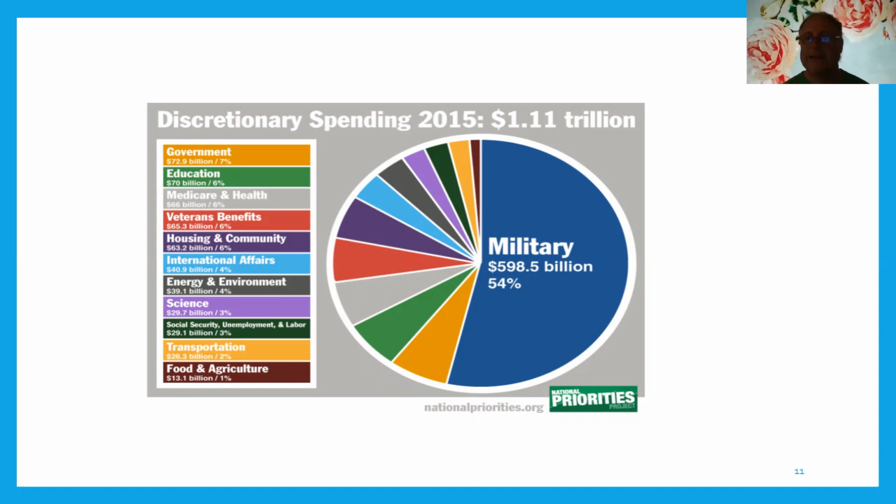The government can choose what to spend money on. And so if you look at this, you see that almost $600 billion, or more than 50% of the entire discretionary budget in 2015, was spent on the US military.